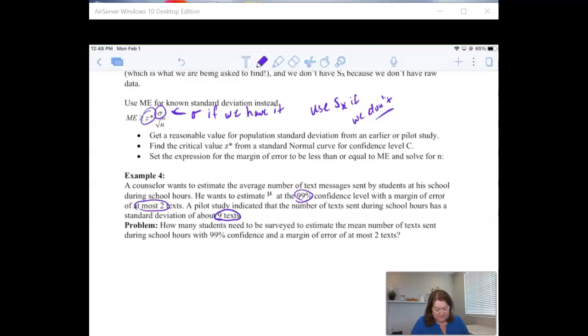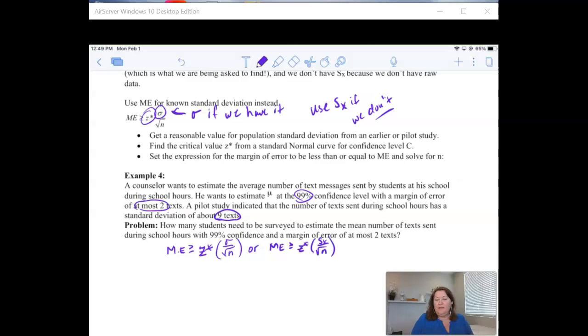How many students need to be surveyed to estimate the mean number to be within at most 2 texts? So usually the margin of error has to be greater than or equal to, we're going to go t star. No, we don't have it. So we're going to go z star, and then we're looking for the standard deviation of the whole population over square root of n. Or we're doing margin of error greater than or equal to z star Sx over square root of n.